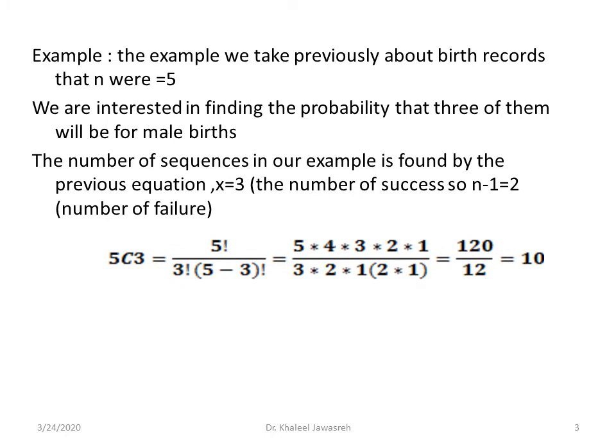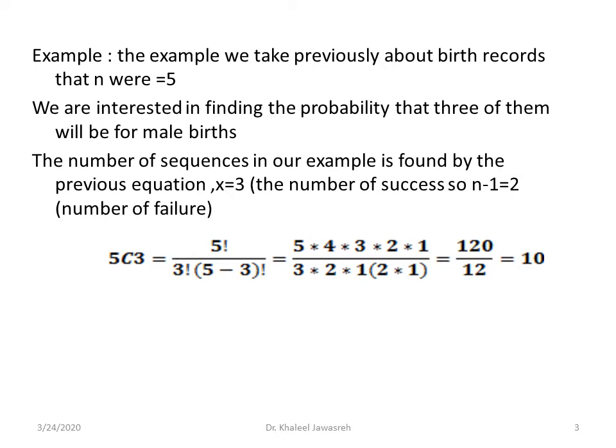If we solve it by using the combination equation, 5 combination 3, this is n combination x, where 5 is n and 3 is x, and C refers to the combination. It equals n factorial over x factorial times (5 minus 3) factorial.